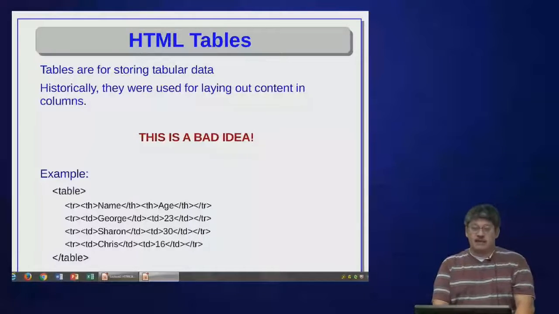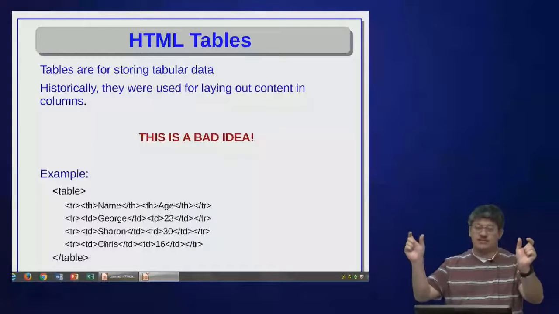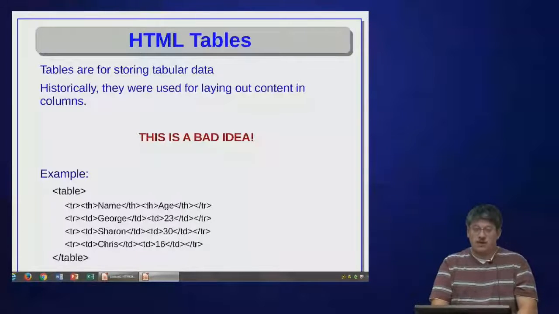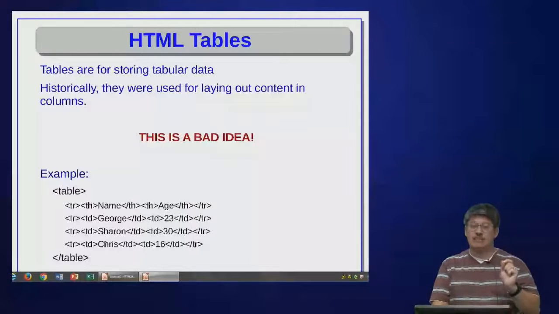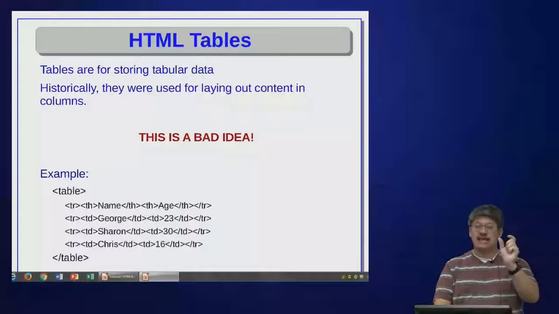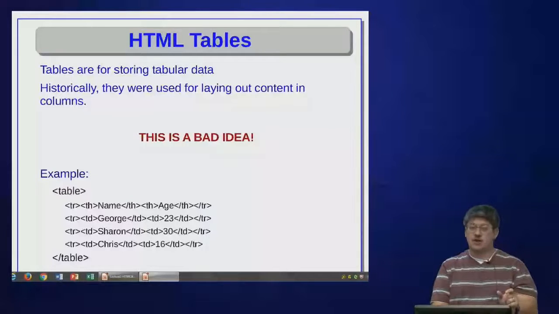We identify the beginning of a row with a tr tag and the end of a row with a slash tr tag. Within each row, there are 2 different tags that we use. The th tag stands for table header, and it represents a label that identifies the contents of a column or part of a column. So for example, in the first row, we have a th tag for the name, followed by a th tag for the age. And that tells the web browser that the first column is the name and the second column is the age.